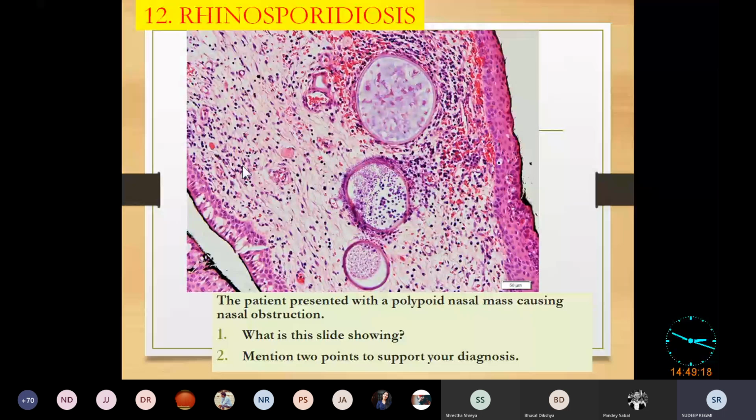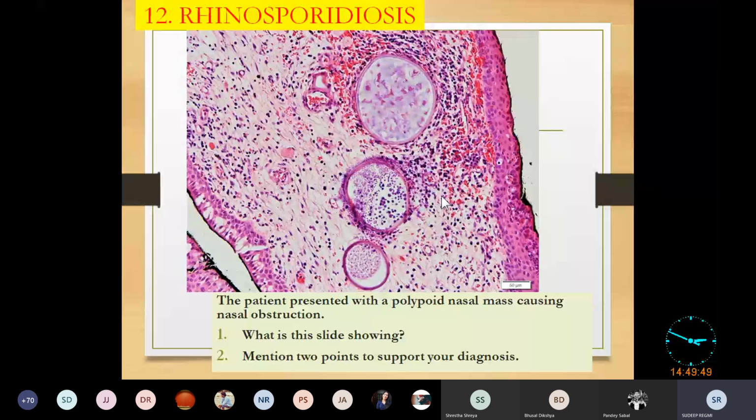These are the blood vessels, small blood vessels, whereas these small tiny black things are the inflammatory cells. This is a plasma cell, this is a lymphocyte, again plasma cell, and there are some neutrophils also, and areas of hemorrhage.